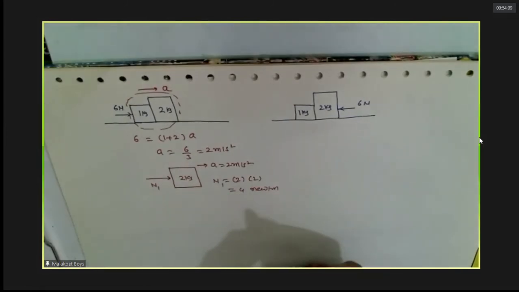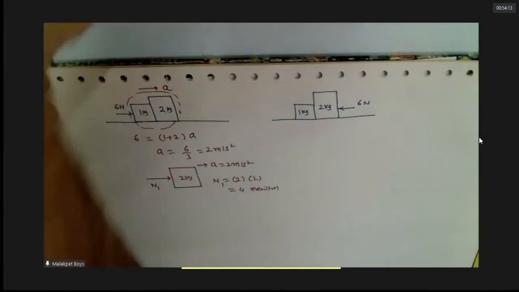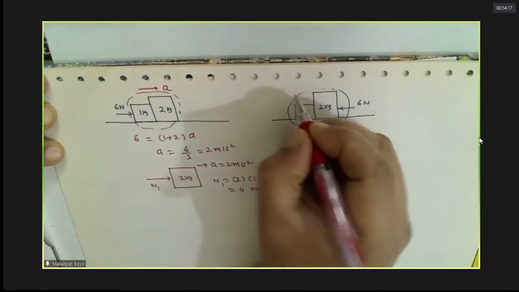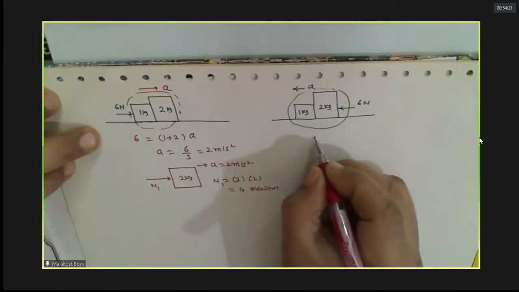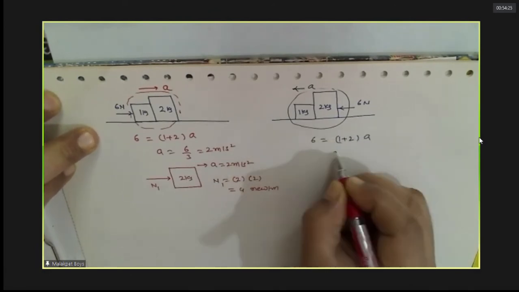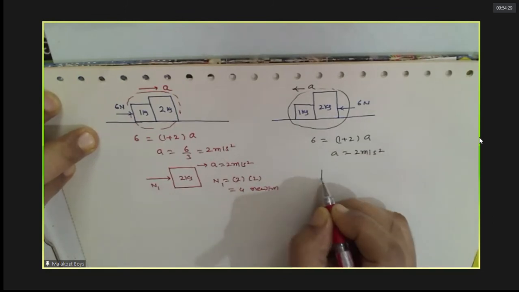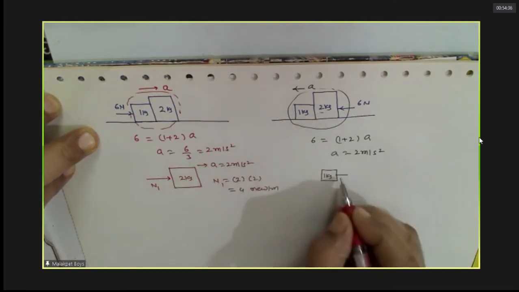Do you agree with this? Now let us come back to the question. I'll take this as a system. Now this goes with an acceleration this side. So 6 equals 1 plus 2 into A. Again A, but this time it is going like this. Between these, this should be N1, no?